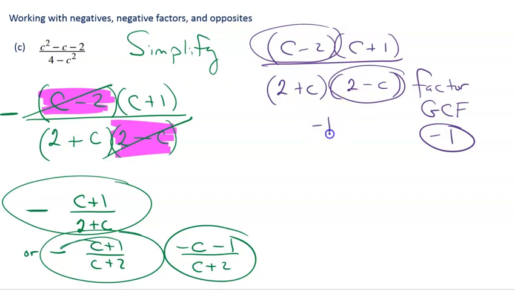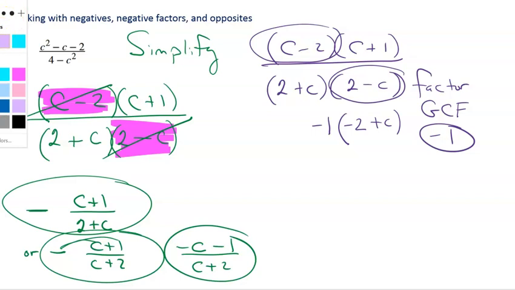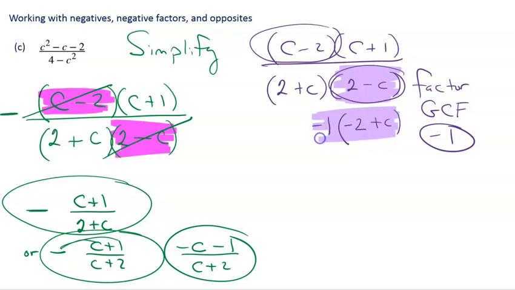So I write a negative 1. 2 divided by negative 1 is going to leave me with negative 2. Negative c divided by negative 1 is going to leave me with plus c. Okay, so highlighted, this is identical to that entire statement.